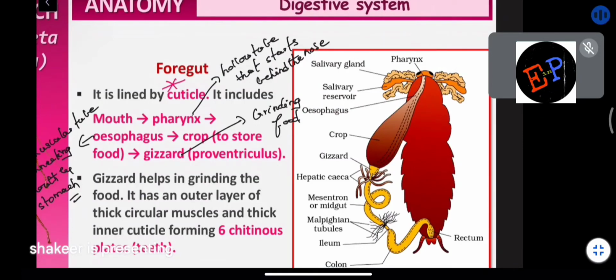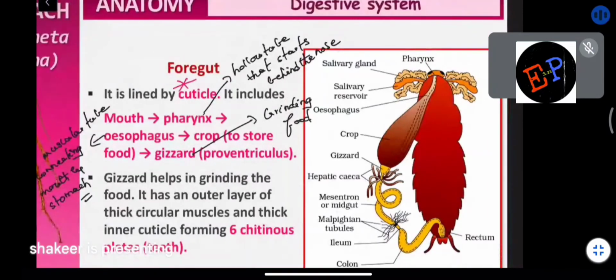So then, how many parts does this foregut include? Mouth is extended to the pharynx. Pharynx is extended to the esophagus. Esophagus is extended to the crop, and the crop is extended to the gizzard. So these are the different parts present in the foregut. Clear? So in the figure you can see this region is called the mouth. Okay? So the mouth is connected to the pharynx, and what is meant by pharynx?